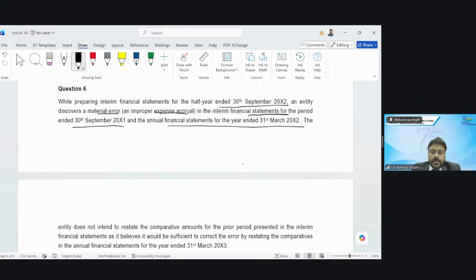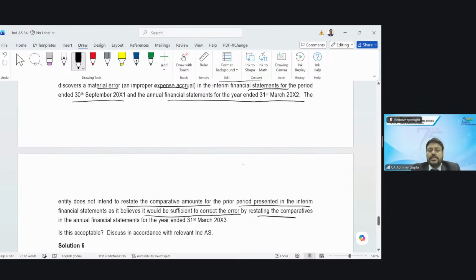The entity does not intend to restate the comparative amounts for the prior period presented in the interim financial statements as it believes it would be sufficient to correct the error by restating the comparatives in its annual financial statements for the year ended 31st March 2003. Is this acceptable? Discuss in accordance with the relevant Ind AS.